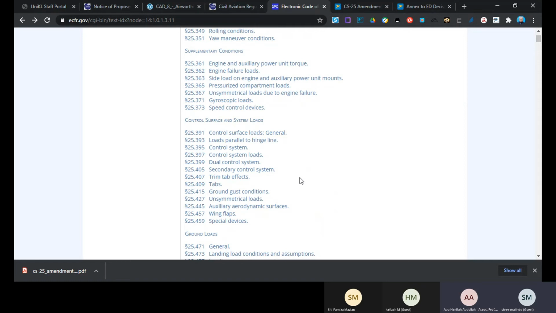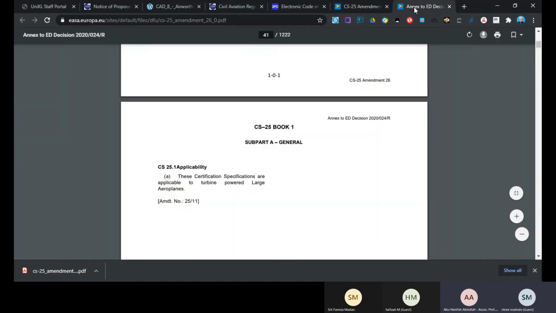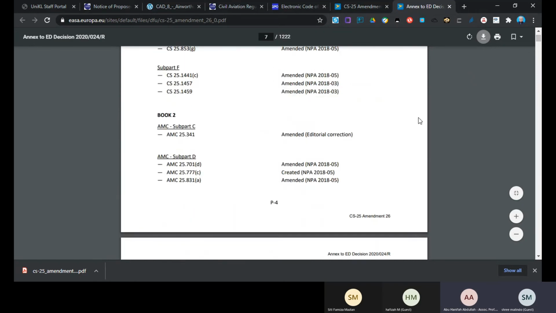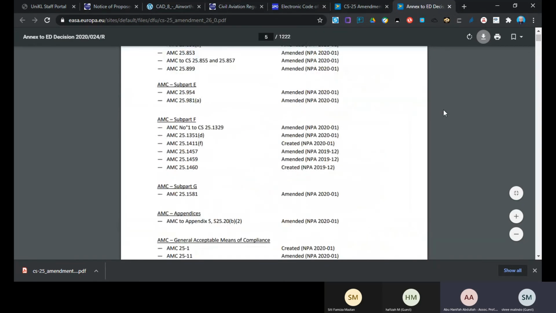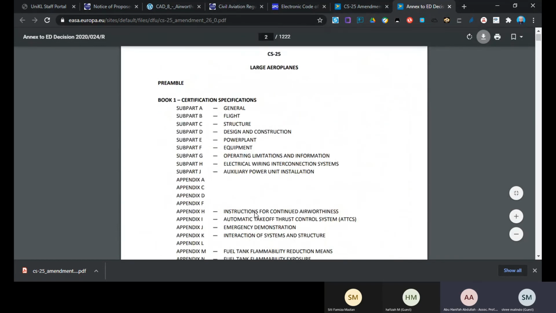There's no more cable, no more pulley. So now that's why they call it system interaction load. That we see in the CS. CS considers that. FAA considers it as well, but it's not clearly stated like the CS.